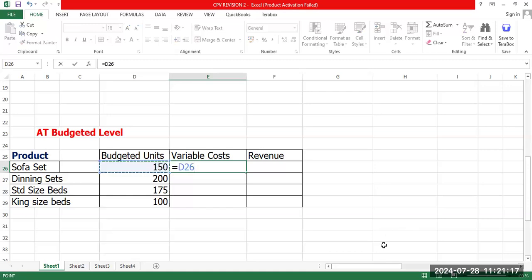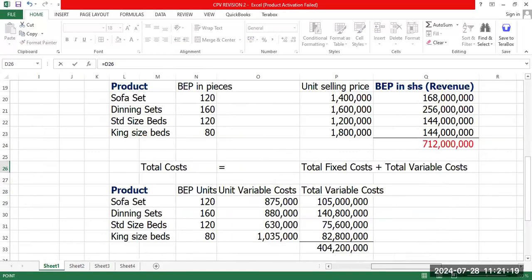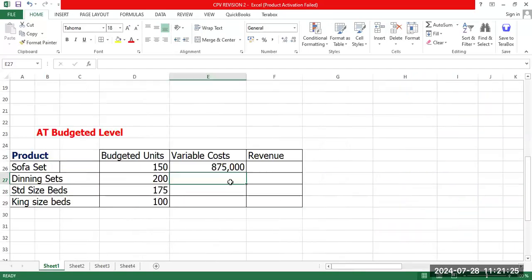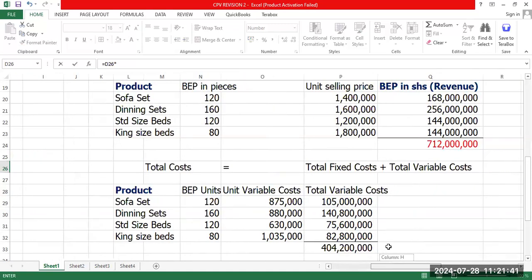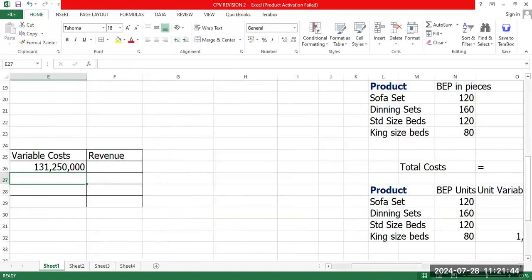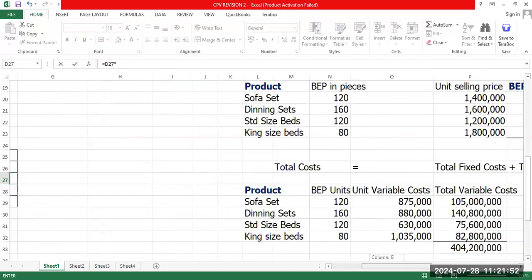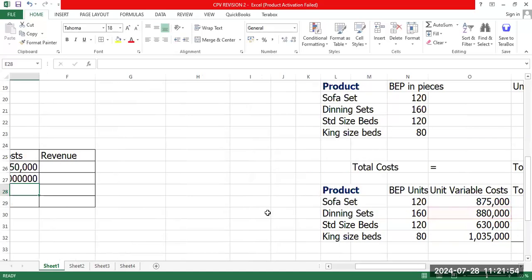So we can get variable cost directly by getting budgeted units times unit variable cost. We have somewhere our unit variable cost, this one. You just get this figure times this. Then we get this times unit variable cost for dining sets.